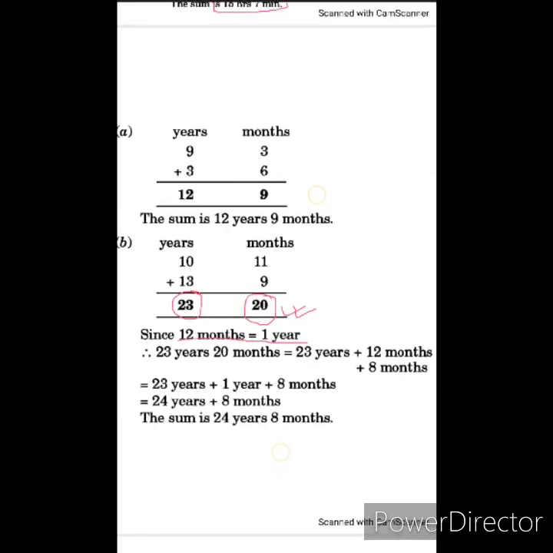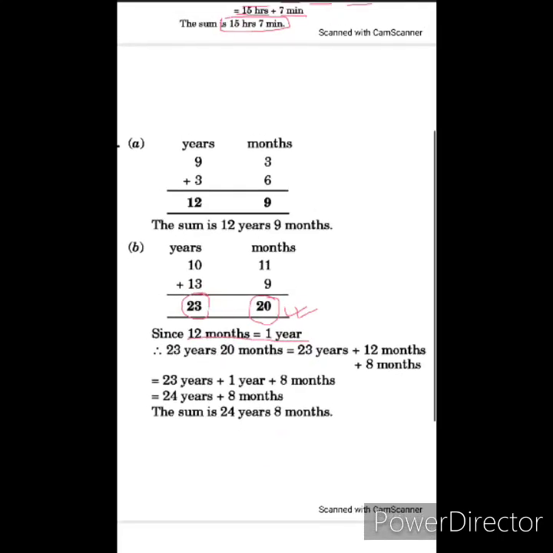So what do we have to do? Yes, we have to separate it. Let us write down first our answer: 23 years, 20 months. So 23 years will remain the same, but the months we have to separate by 12 months. So 12 months plus 8 months.